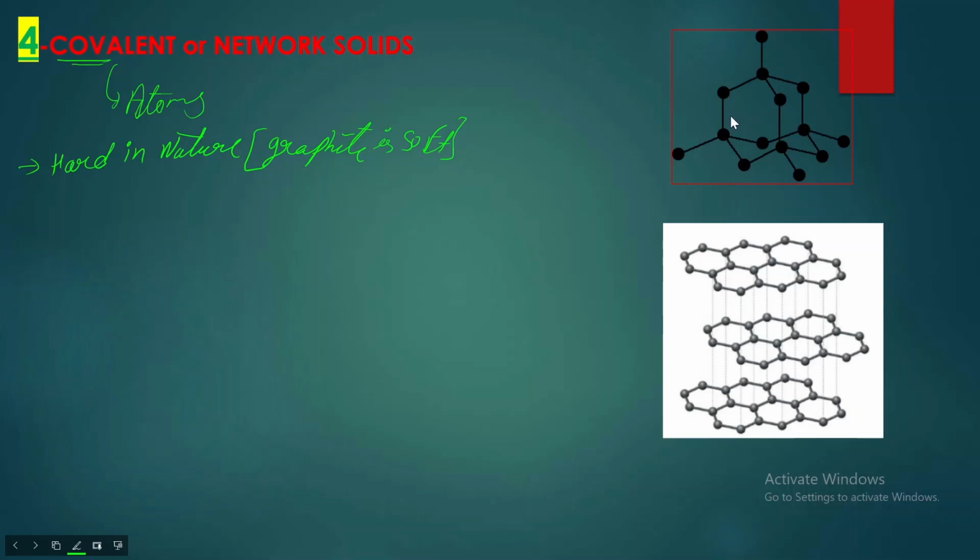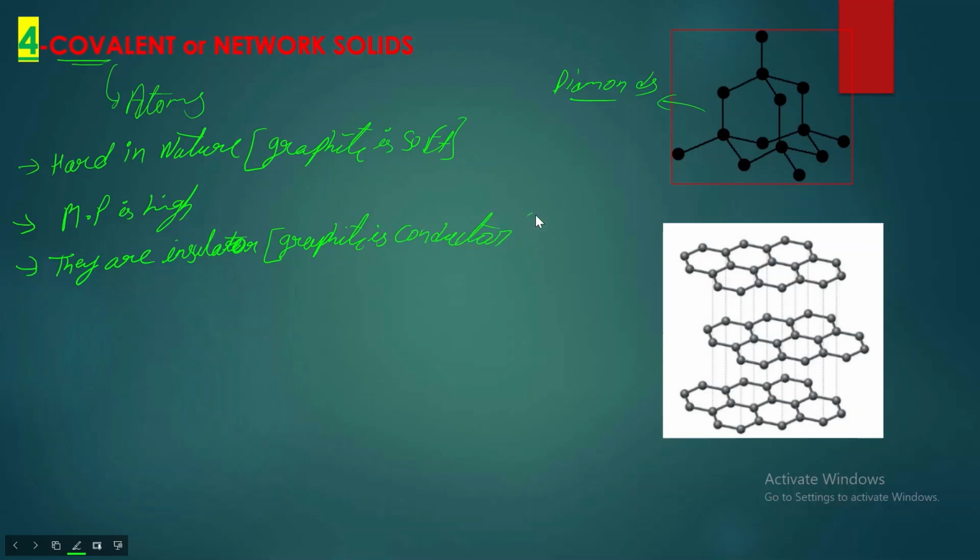Here this is a structure of diamond, and we know that diamond is hard. Now the next property, melting point. The melting point of covalent or network solids is high. Now they are insulators, but graphite is a conductor.